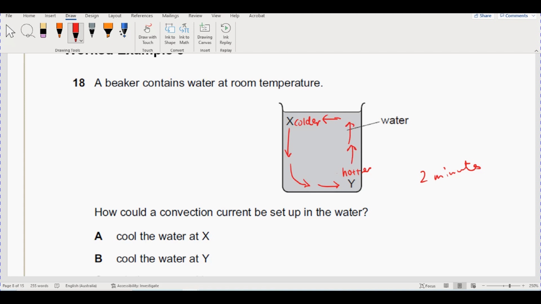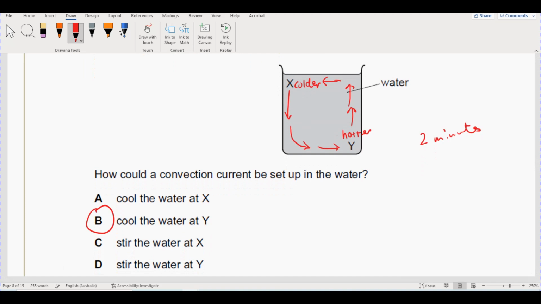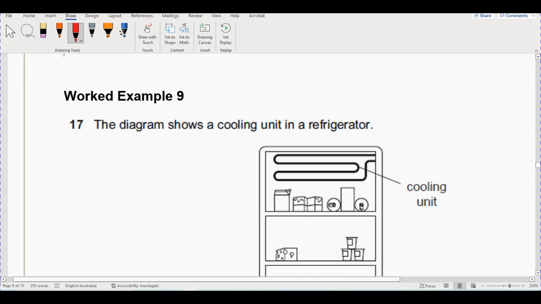Also, you create the convection current. So obviously this one is the answer. How about stirring the water? Stirring the water can't create a convection current due to a temperature difference. It's a mechanical convection, not a thermal convection, so there are differences.